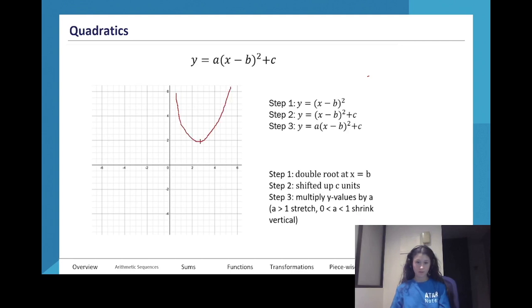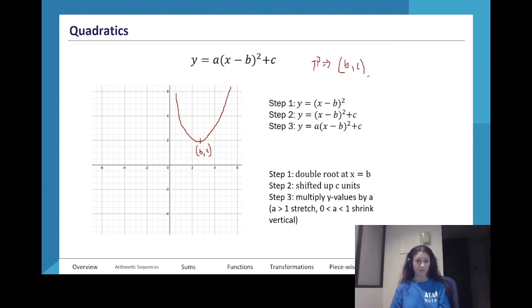As you can see here, this turning point is going to occur at our x value from before, b, and our new y value, c. So for this form, the turning point is going to occur at the point (b, c).